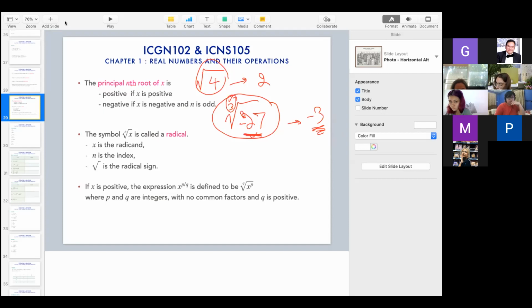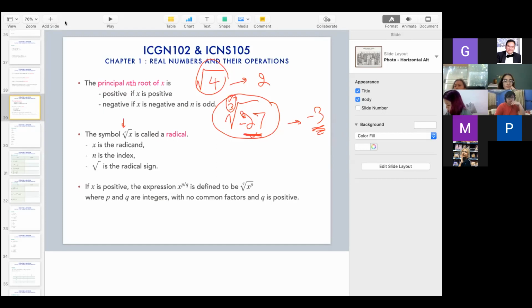When we write the n-th root of x, we call it a radical, while n is the index and x is the radicand.